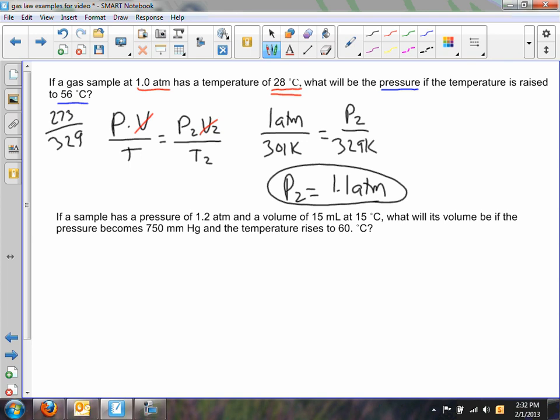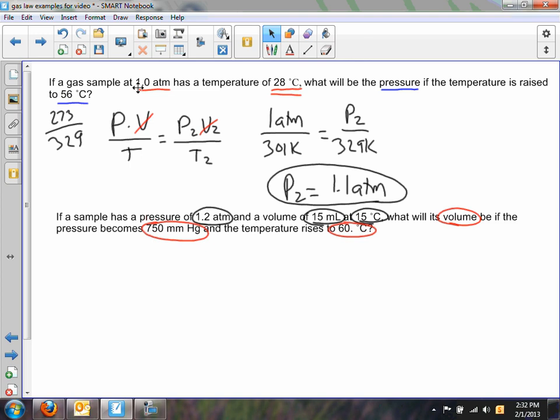If we look at the second problem, I've got a pressure of 1.2 atmospheres, a volume of 15, and a temperature. And then I change the pressure to 750, the temperature to 60, and I want the new volume. So, 2 pressures, 2 volumes, 2 temperatures. This sounds like the combined gas law.